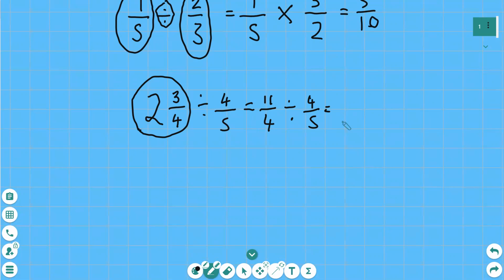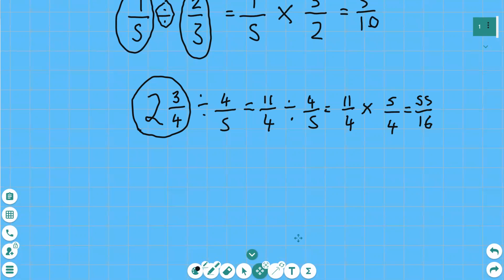Now we apply the keep, flip, change. We keep the 11 quarters, the first one, the same. The second one we flip, and that becomes 5 quarters. And then we change the division sign to a multiplication sign. And we end up with 11 times 5 is 55. 4 times 4 is 16.